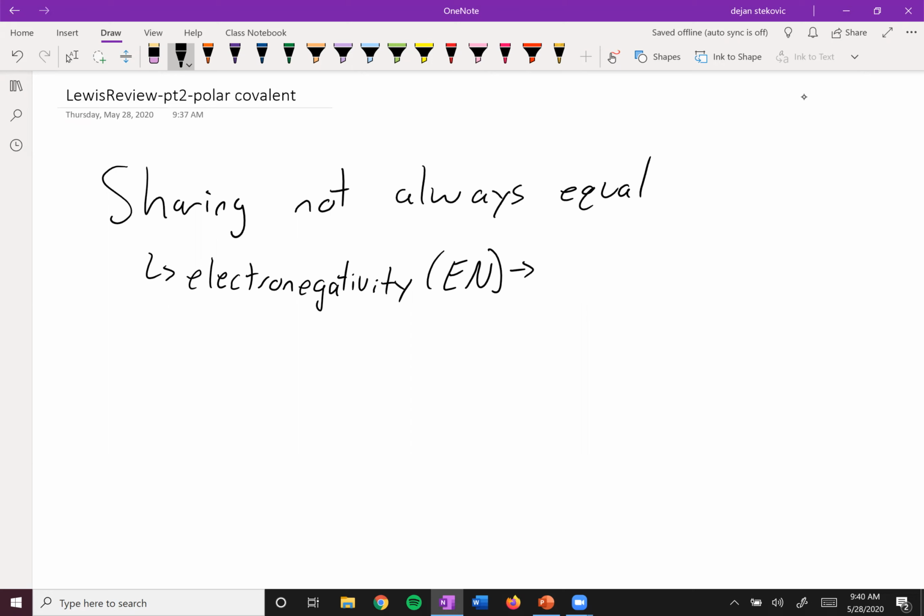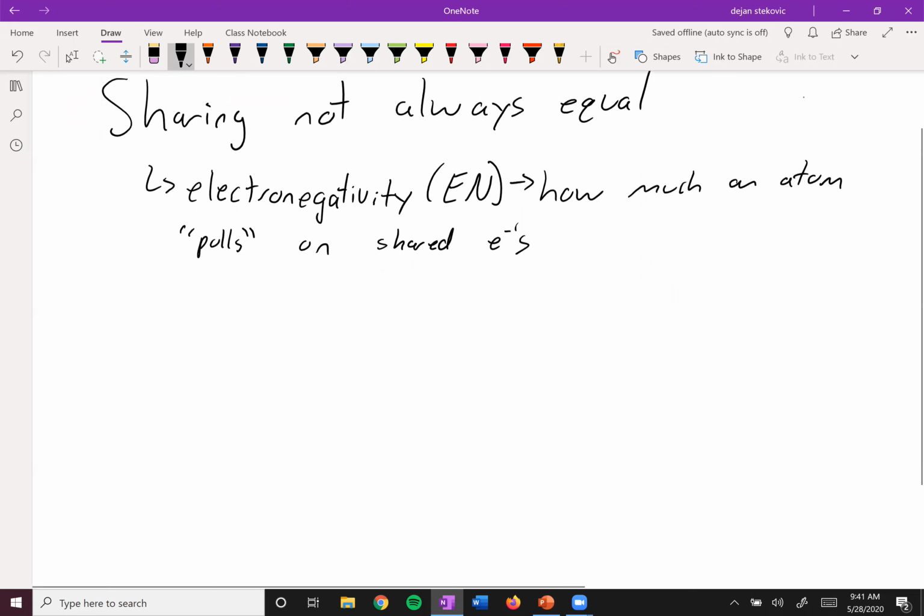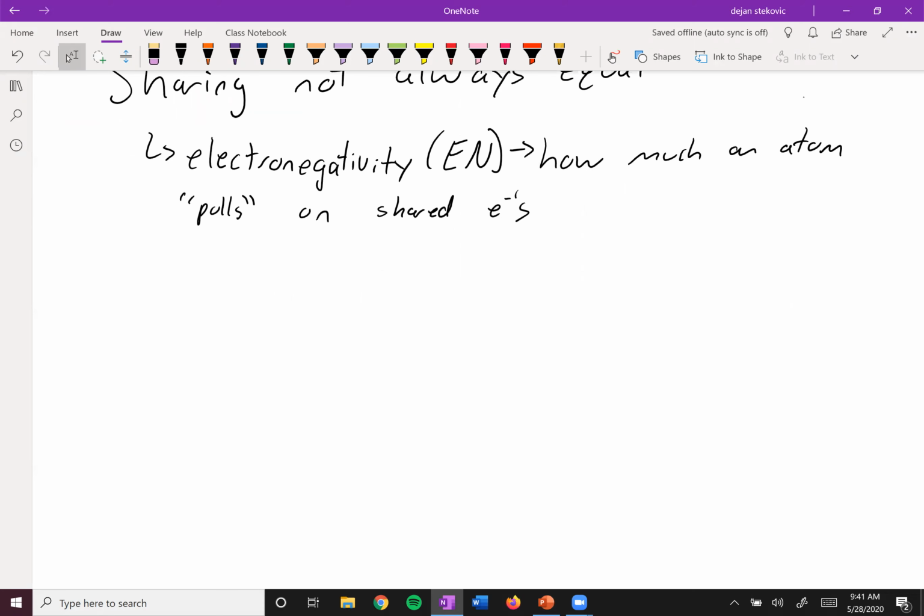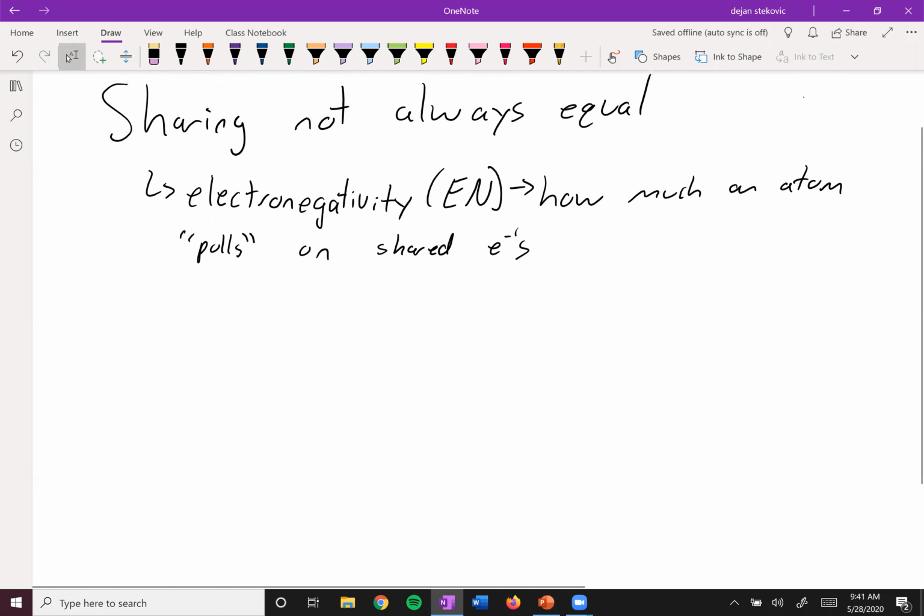And electronegativity is a measure of how much an atom pulls on shared electrons. So the more electronegative an atom is, the more it's going to pull on those electrons, and the more time that electron is going to spend on that particular atom versus the other atom.